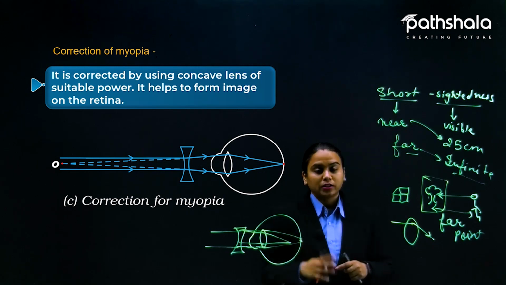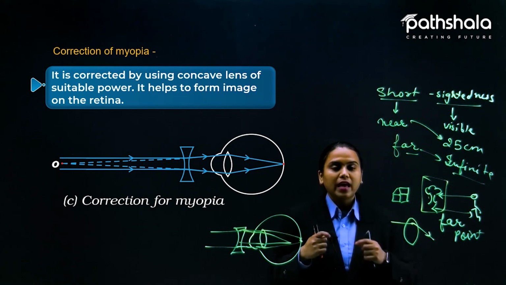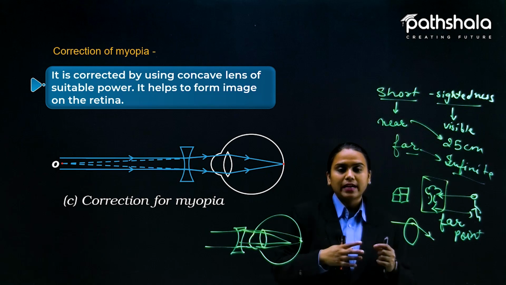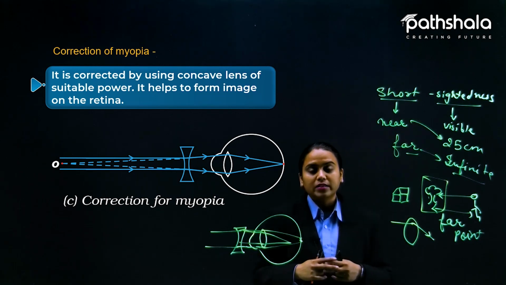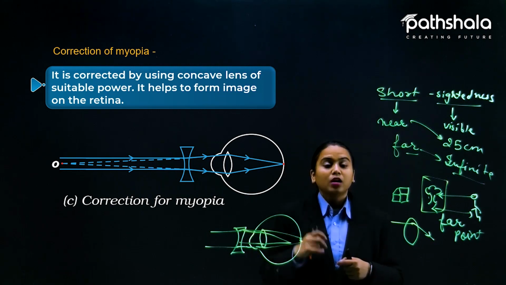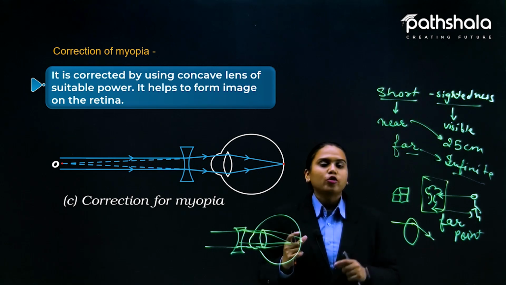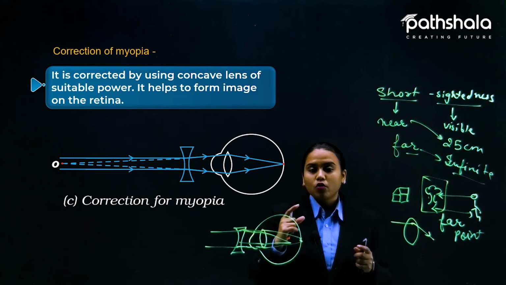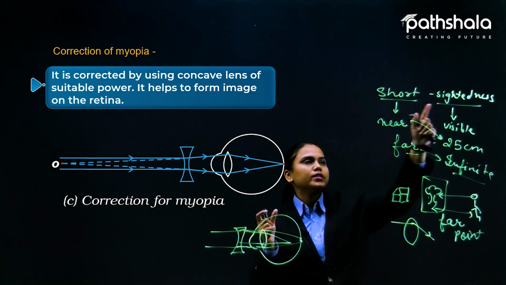And now the trick part. Some people get confused about which one is nearsightedness and which is farsightedness. Basically we have two kinds of diseases: myopia and hypermetropia. Myopic, you know, is a short spelling, and hypermetropia is a long spelling. So there is a trick. Myopic, short spelling, so short-sightedness.